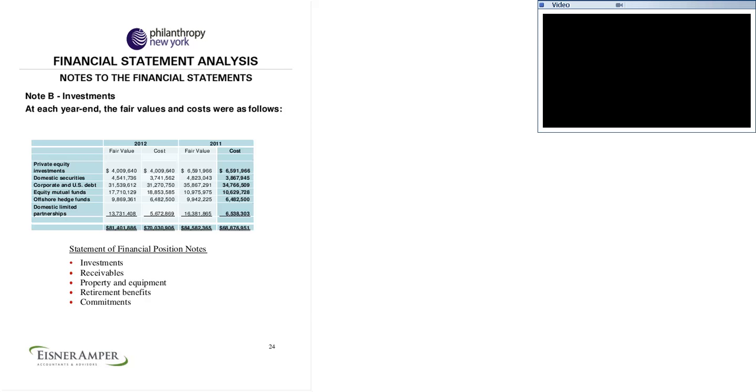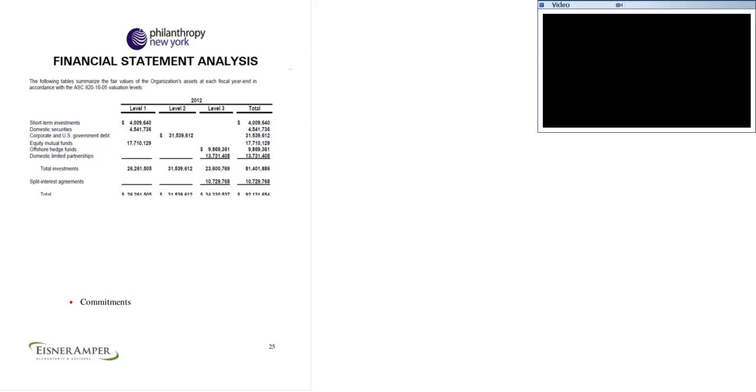Because domestic limited partnerships are illiquid as compared to a share of Disney stock, right? So again, this will let me know in the different categories how each of these investments fared, and it shows me that they're well diversified.